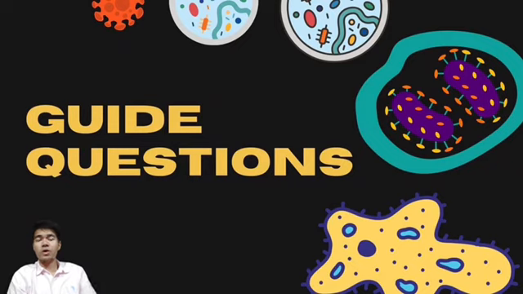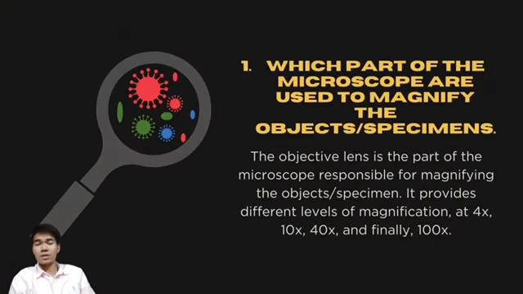Then moving on to the 31st slide, we have some guide questions. The first question, on slide number 32, is which part of the microscope is used to magnify the objects or the specimens? The answer is the objective lenses, the part of the microscope responsible for magnifying the objects or specimens.